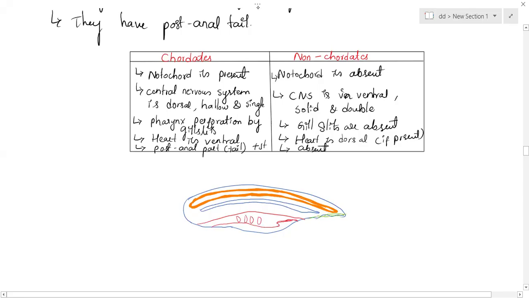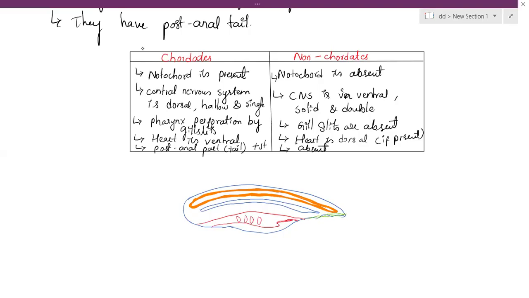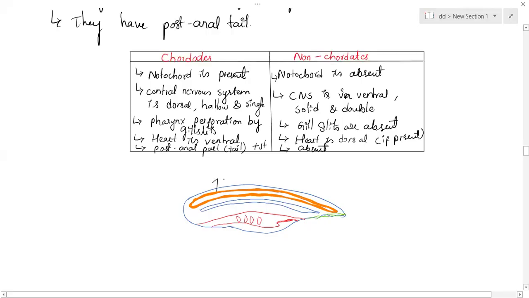So let me write. This is the nerve cord, and here the space between the nerve cord is the notochord. And the perforations, as I said, are the gill slits. Why are gill slits important?